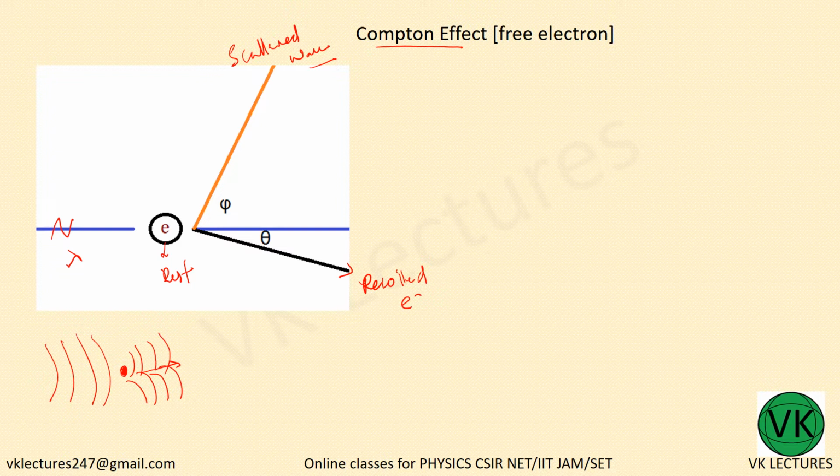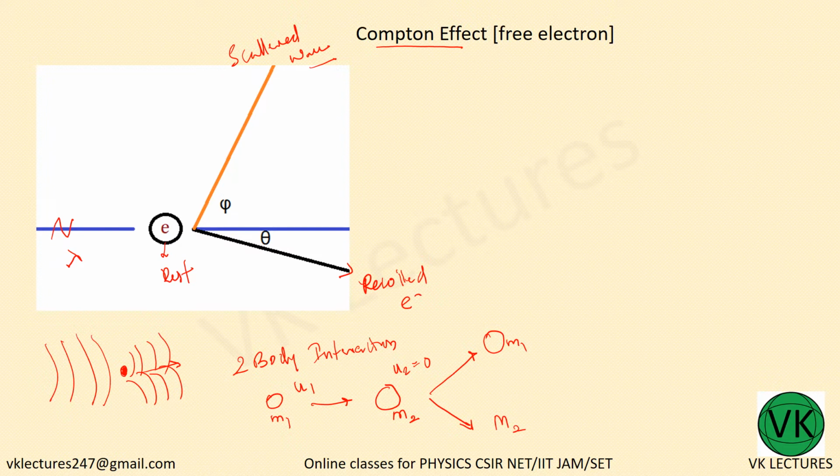This is just like a two body interaction, which you have learned in your PUC 11th and 12th. A body of mass m1 with velocity u1 is moving and hitting a mass m2 which is at rest, u2 equal to 0. The mass m1 will move as well as m2 will move, with velocity v1 and velocity v2.